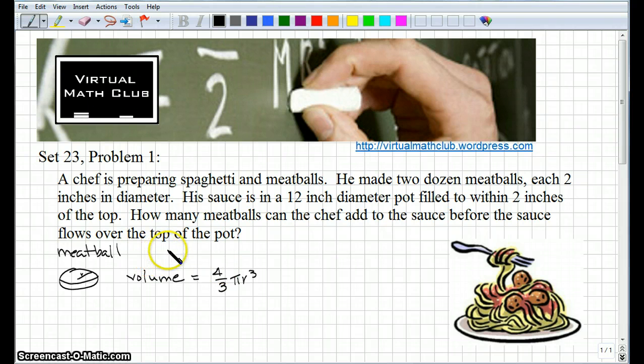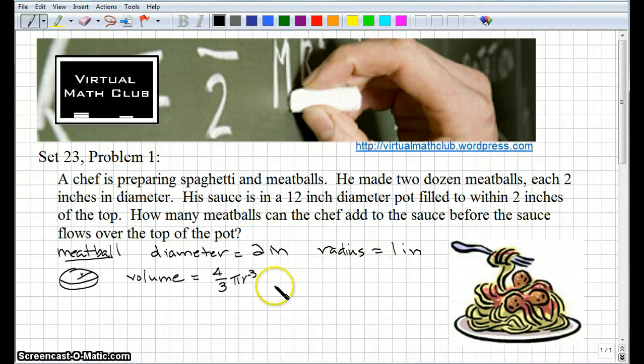And we're told that the diameter of a meatball is 2 inches. But we need the radius in the formula. So the radius is just 1 inch, right?